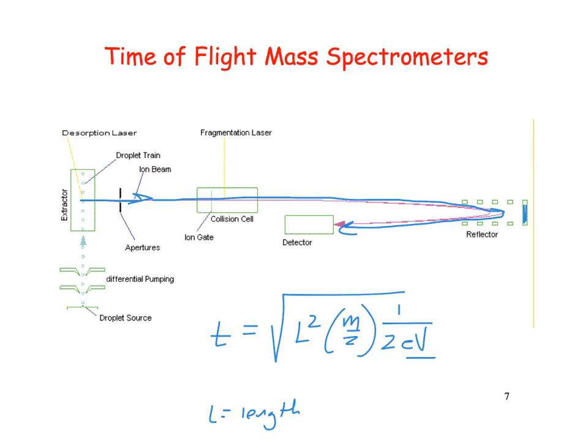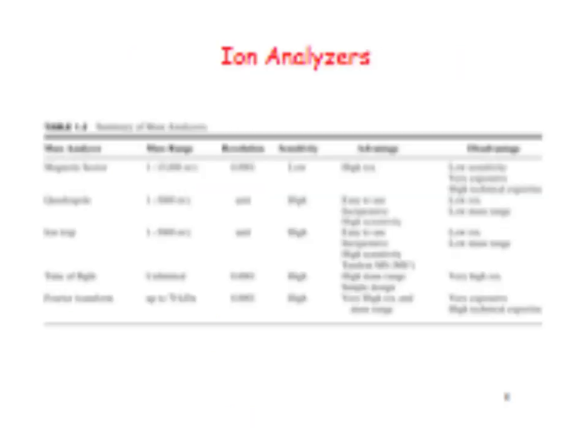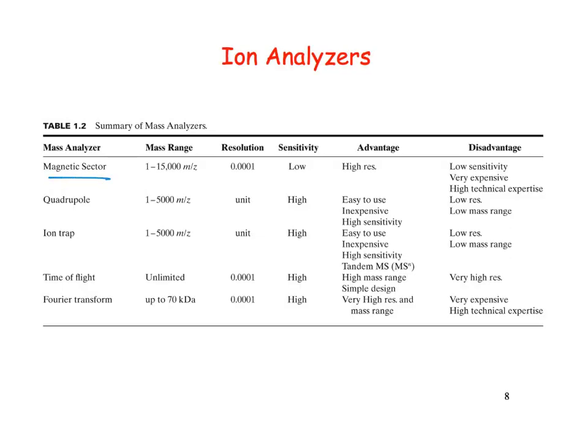So this is just a table of some of these methods that says some of the pros and cons and their ranges. So the magnetic sector, which all of the spectra that we looked at before probably came from, talks about the mass range and the resolution. So this has quite a high resolution, right?